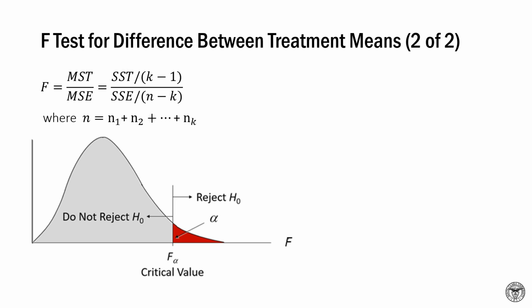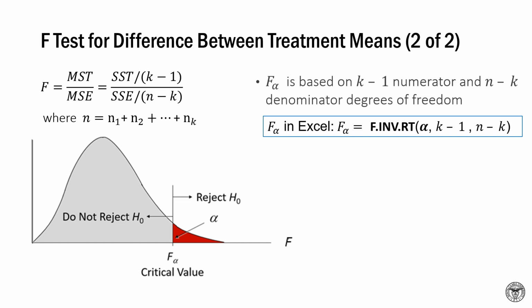We again use a graph to further demonstrate the F distribution. The p-value is the area under the F curve to the right of the F statistic, where the F curve has k-1 numerator and n-k denominator degrees of freedom. The F critical value, F alpha, can also be obtained by Excel function. That is, F alpha equals F.INV.RT in terms of alpha, k-1, and n-k.